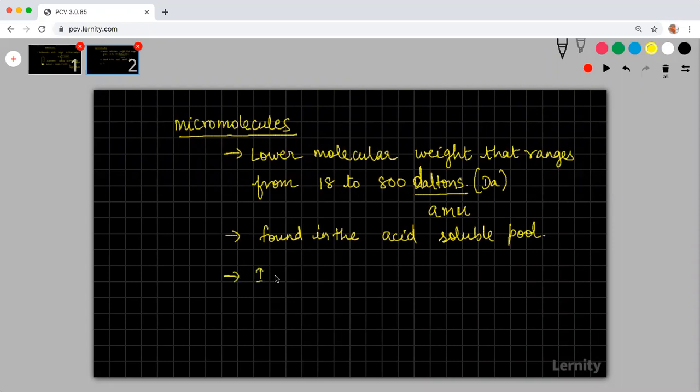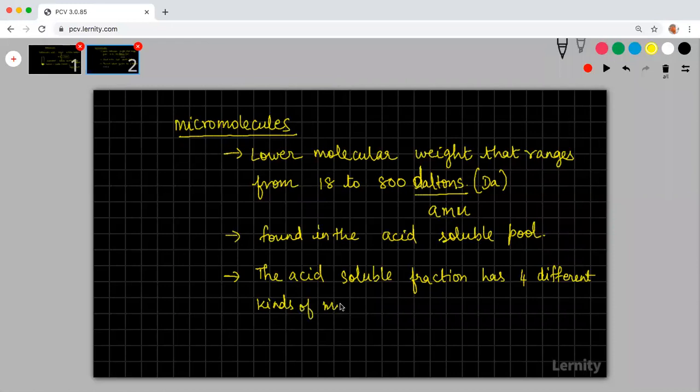The acid soluble fraction has four different kinds of molecules or compounds.